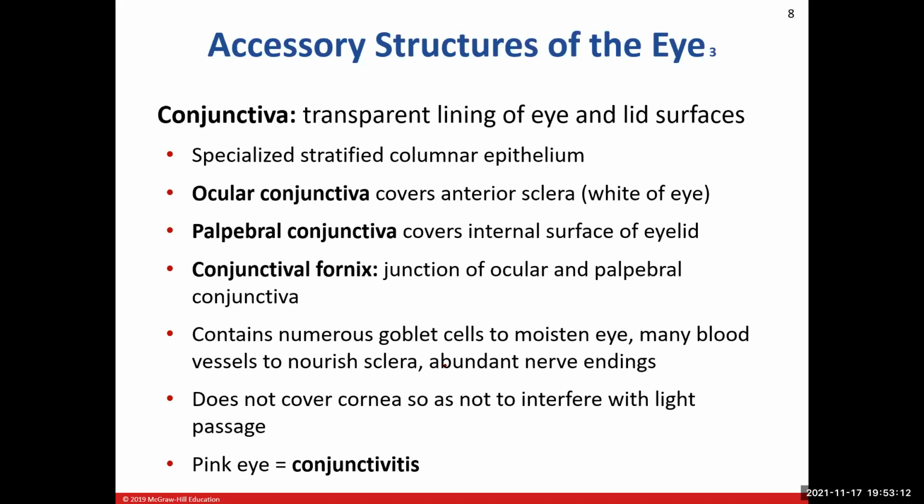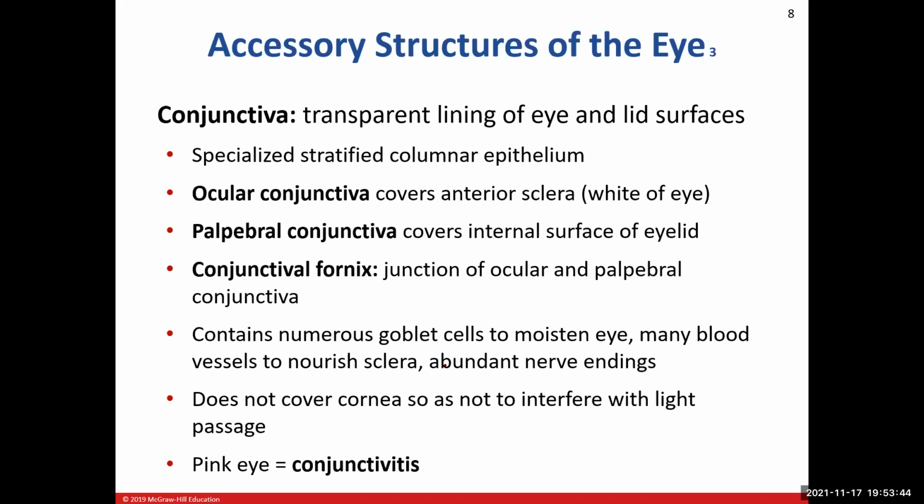Stratified columnar epithelium is seen in support structures here. The part of the conjunctiva that covers the white of your eye we refer to as the ocular conjunctiva. Then the conjunctiva will start to cover the internal surface of the eyelid. That's referred to as the palpebral conjunctiva. Where they both come together is called the conjunctival fornix.